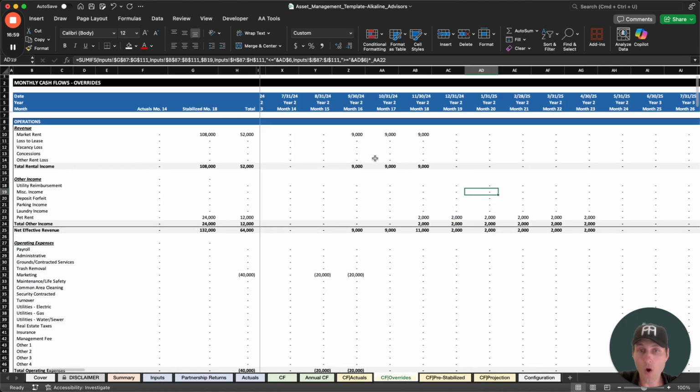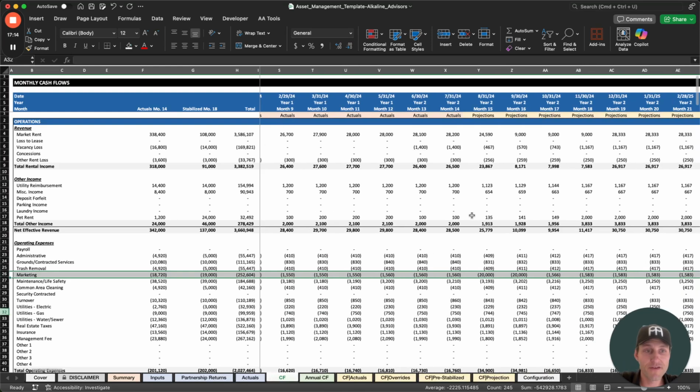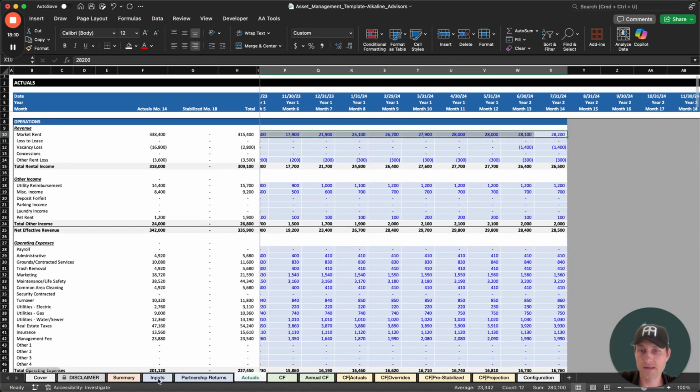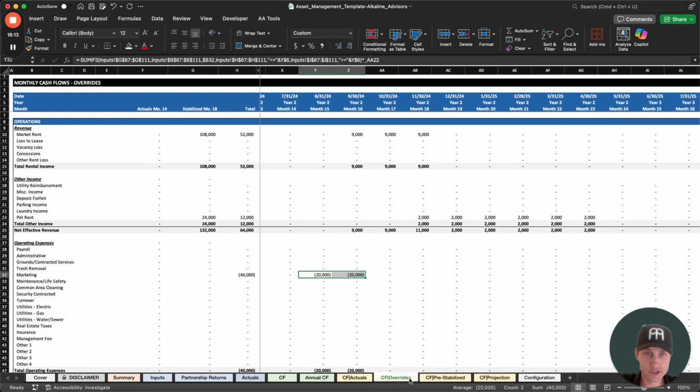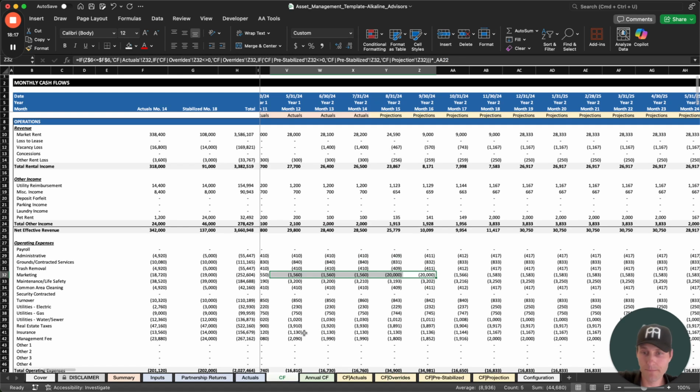So if we were to go to the override and go to monthly marketing, you'll see we have these $20,000 figures coming online in month 15 and 16. And then if we go to the cash flow tab and we go to marketing, in month 15 and 16, you'll see these $20,000 figures. But essentially, that is a way that we would calculate the override section, and that'll all flow through the cash flow tab.